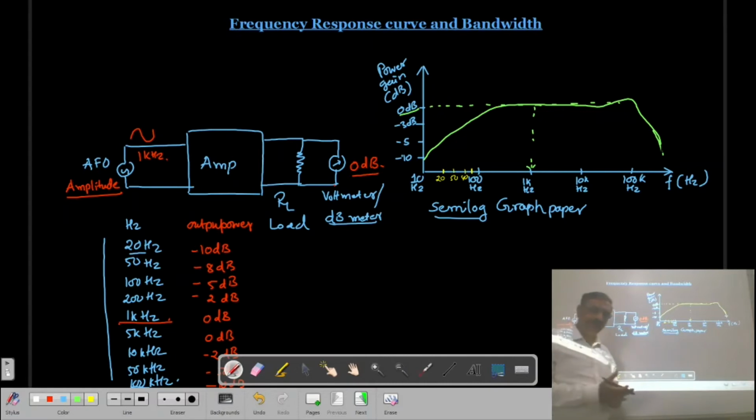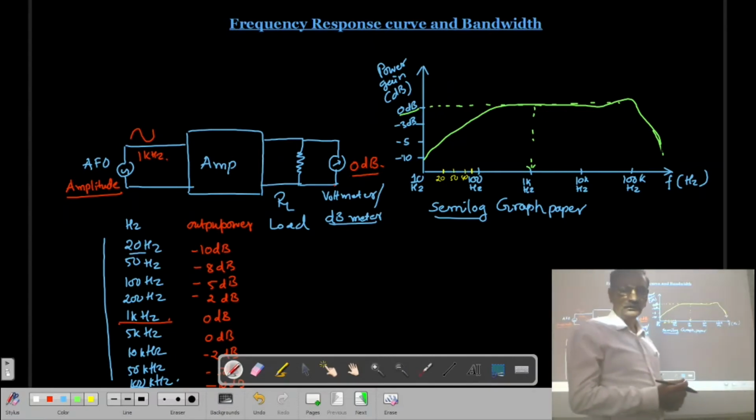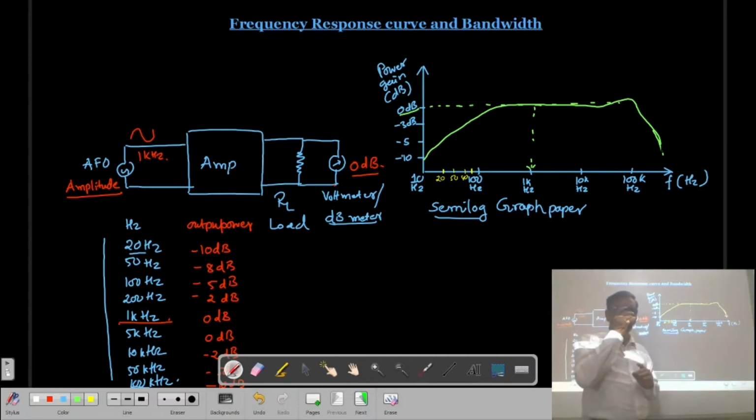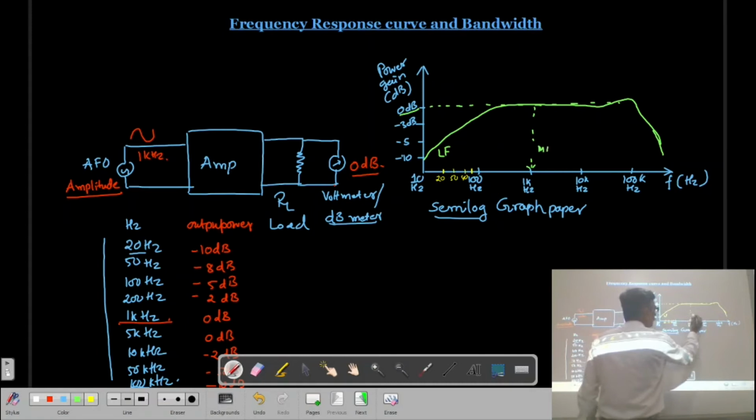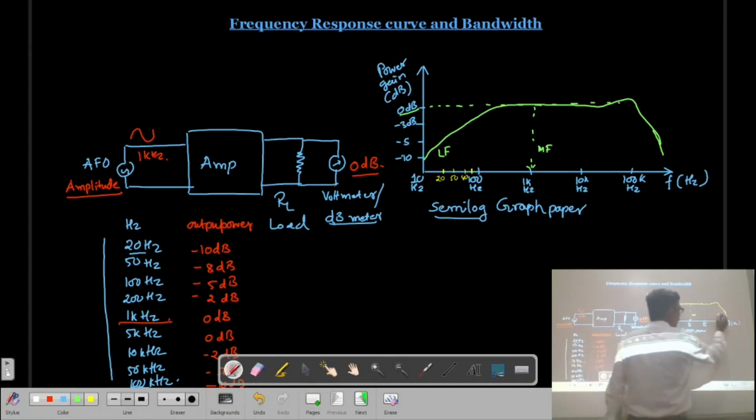And already we have discussed why the gain of the amplifier is poor in the low frequency part as well as in the high frequency part. This is known as the low frequency part, this is the mid frequency part, and this is your high frequency part.